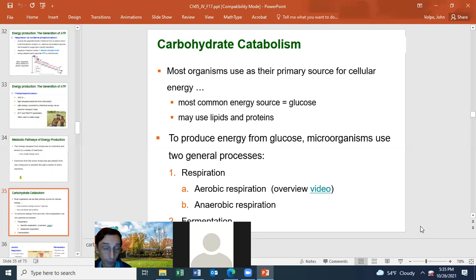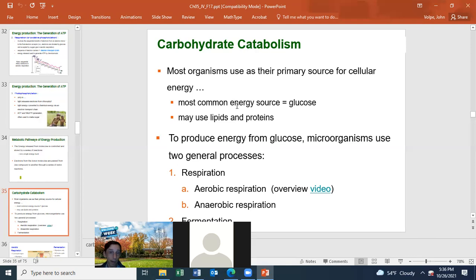And only after 45 minutes in their run will they switch to digesting lipids and then using that to get their energy needs. Any question about that? And that's assuming, of course, that a marathon runner is not eating while they're running. But you can use lipids and proteins as well as carbohydrates to obtain your energy needs.